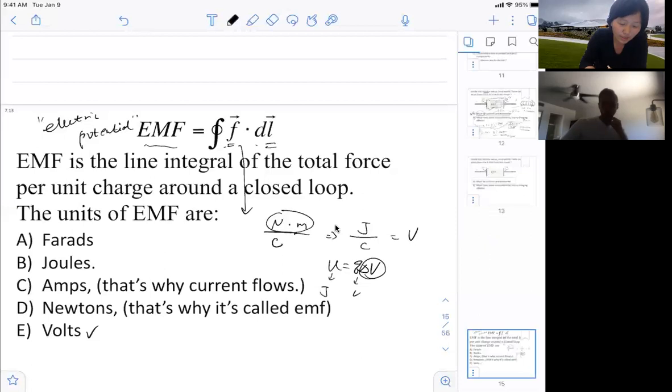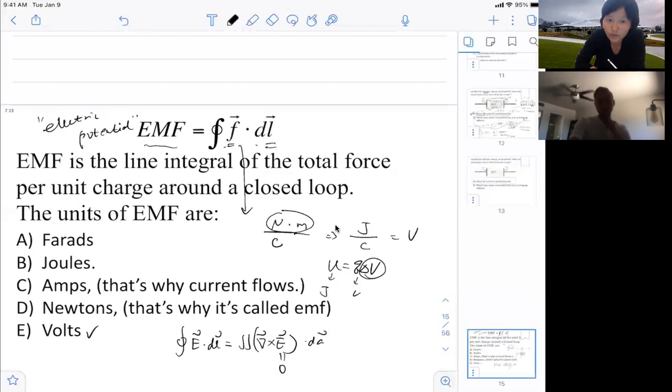And you can see that the EMF, if you're looking at purely the electric field, we know that the line integral of the electric field, if we use Stokes' theorem, is equal to the curl of E dot dA, right? The curl of E is 0 for static E field, electrostatics.